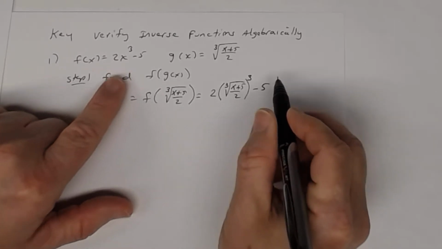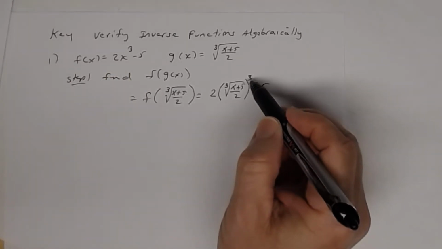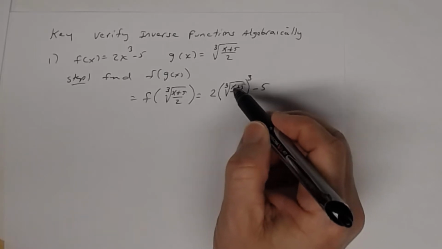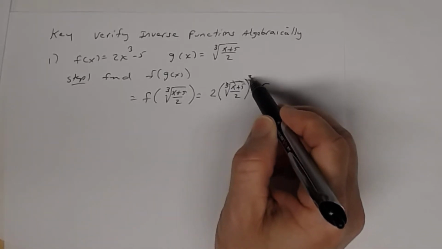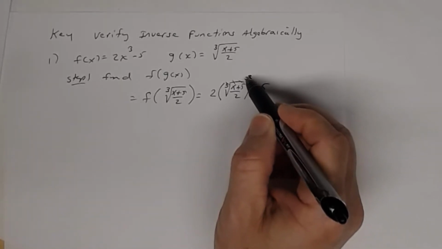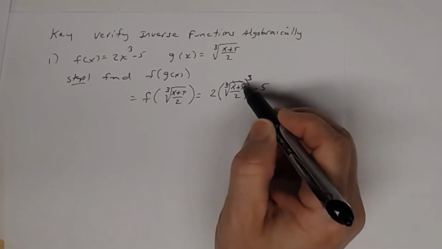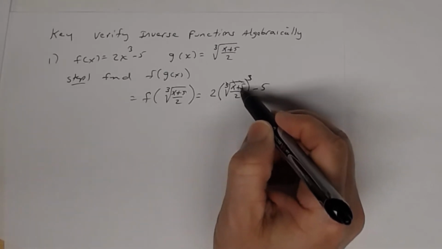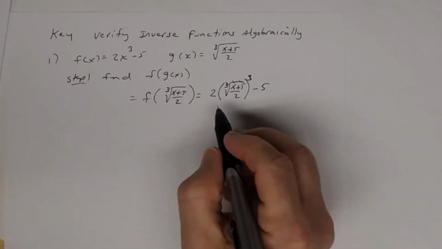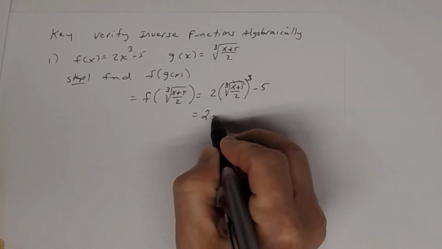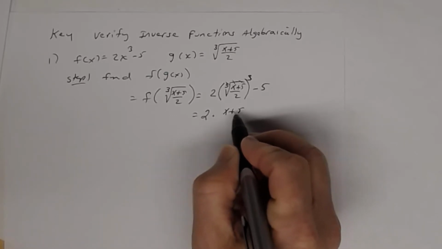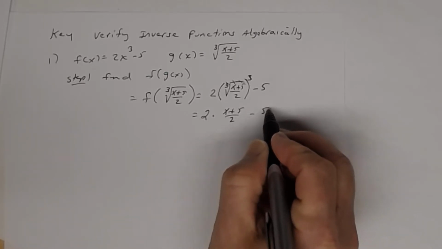And then minus 5. Now remember, when you're cubing a cube root, the cube root and the power of 3 undo each other. So what you have is just this radicand, x plus 5 divided by 2. Your next step is to say 2 times x plus 5 divided by 2 minus 5.